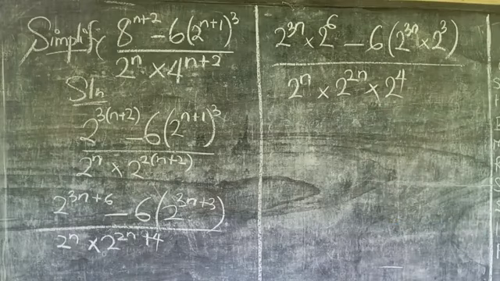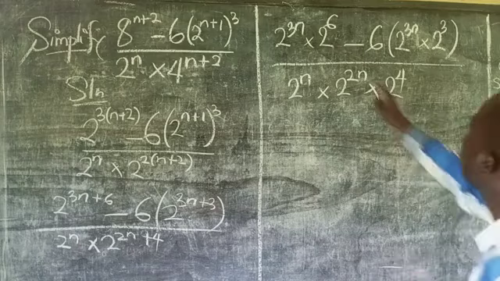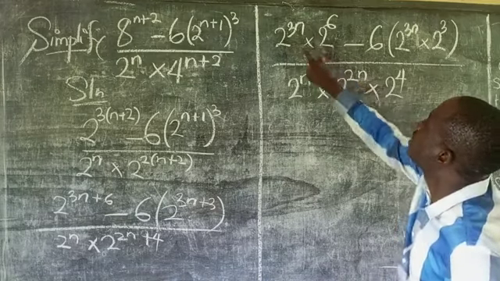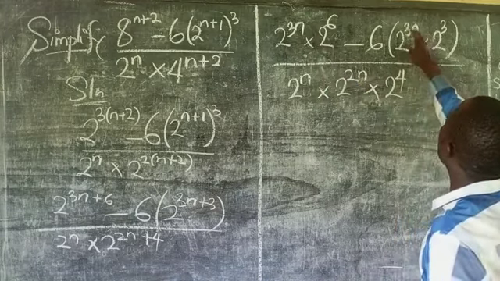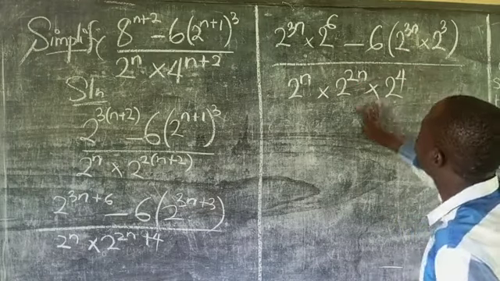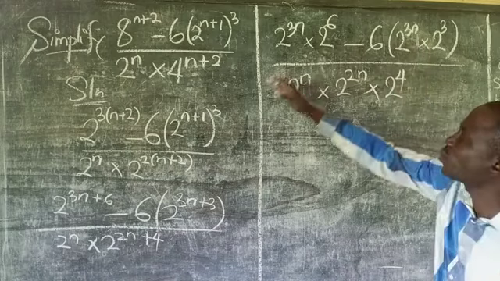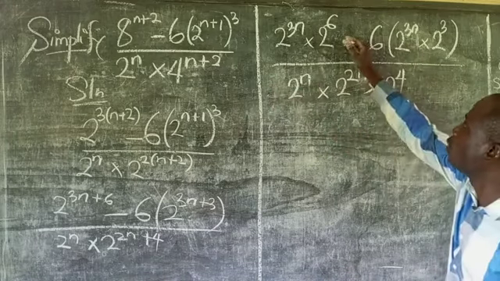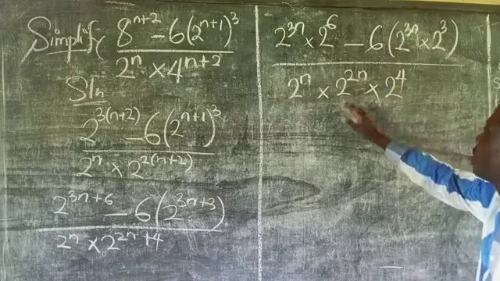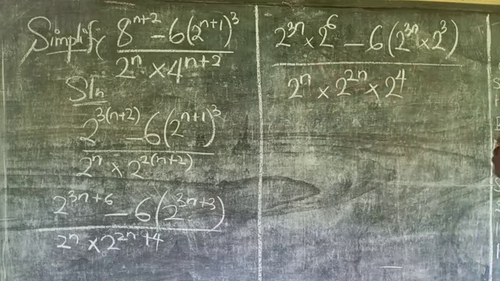If you look closely, from the top, we're having 2 raised to the power 3n in this term, and 2 raised to the power 3n in this term. But in the denominator, we don't have it. Our intention is to factor it out from the numerator and the denominator, then cancel it, so that we have a simpler expression.